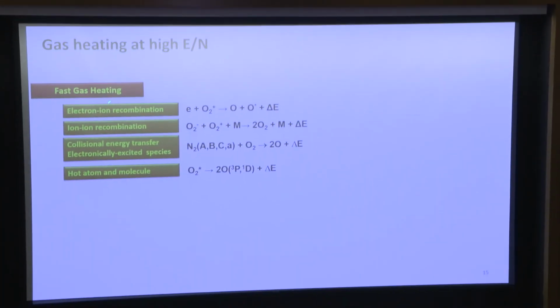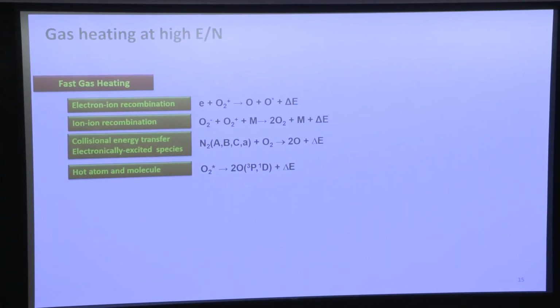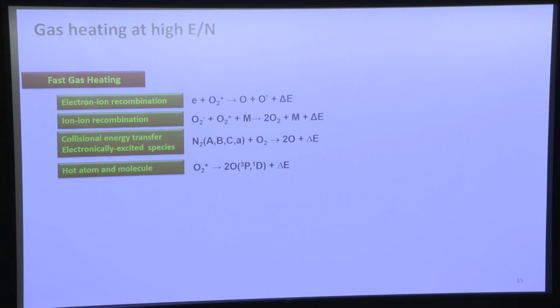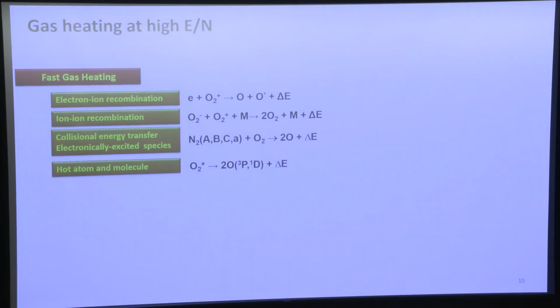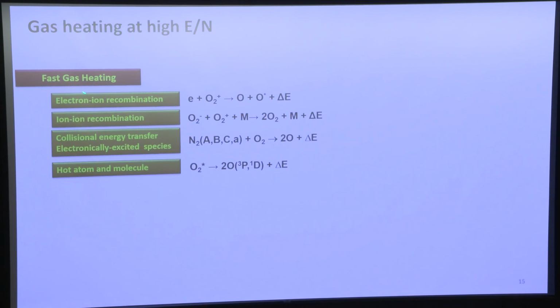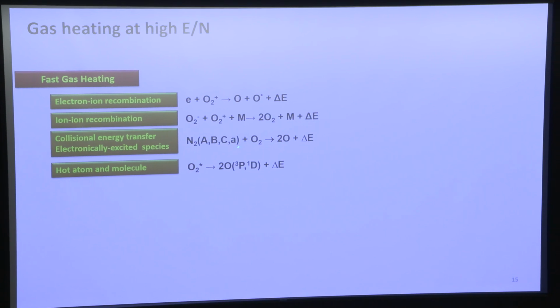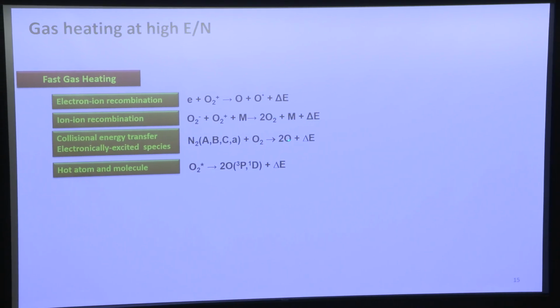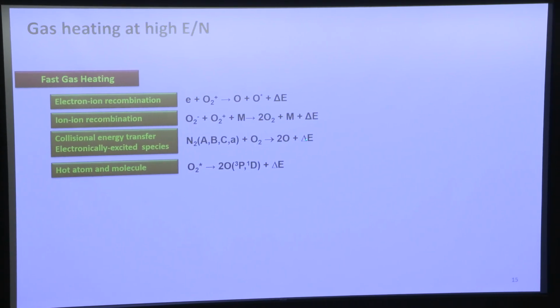So, fast heating and slow heating. As I said, plasma not only produces radicals in excited states, but also produces heat. Some of the heat is produced within nanoseconds by these excited states. For example, an excited nitrogen state dissociates oxygen into 2O and generates extra energy, and excited oxygen dissociation also creates this.